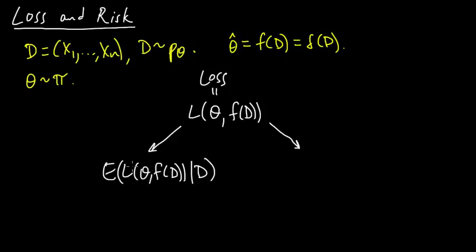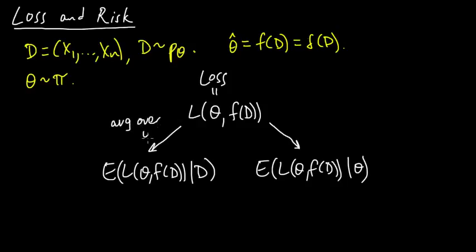So this is the expectation over theta given the data. The other option would be to average over the data given theta. If we went this way, we would get the expected value of the loss given theta. So this way we're averaging over theta, and this way we're averaging over the data.